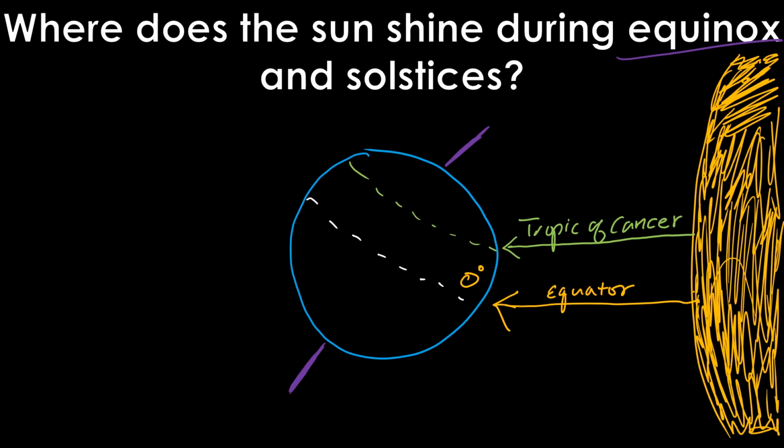Now, during our winter solstice, the sun is going to be pointing more directly at the Tropic of Capricorn.